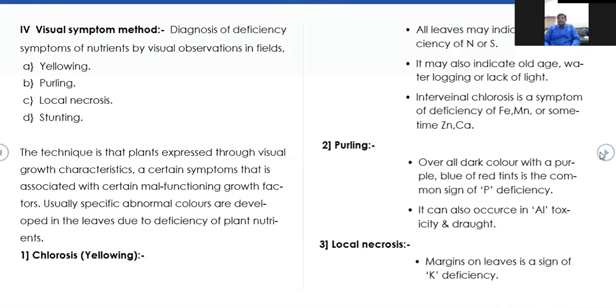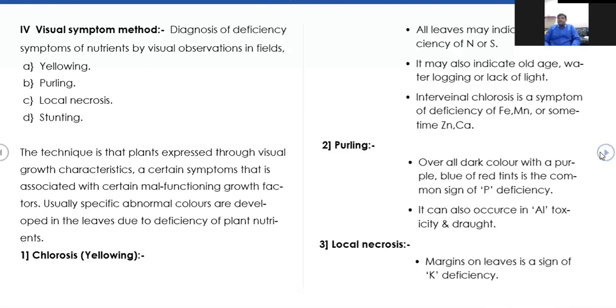We have to study what we mean by chlorosis or yellowing. Yellowing of leaves may indicate deficiency of nitrogen, appearing on mature, that is older, leaves. For nitrogen or sulfur, it shows chlorosis.